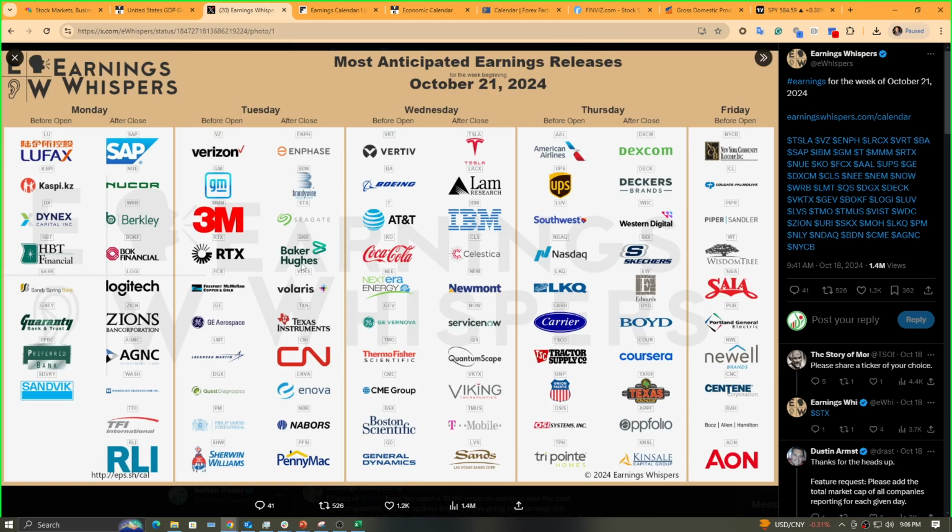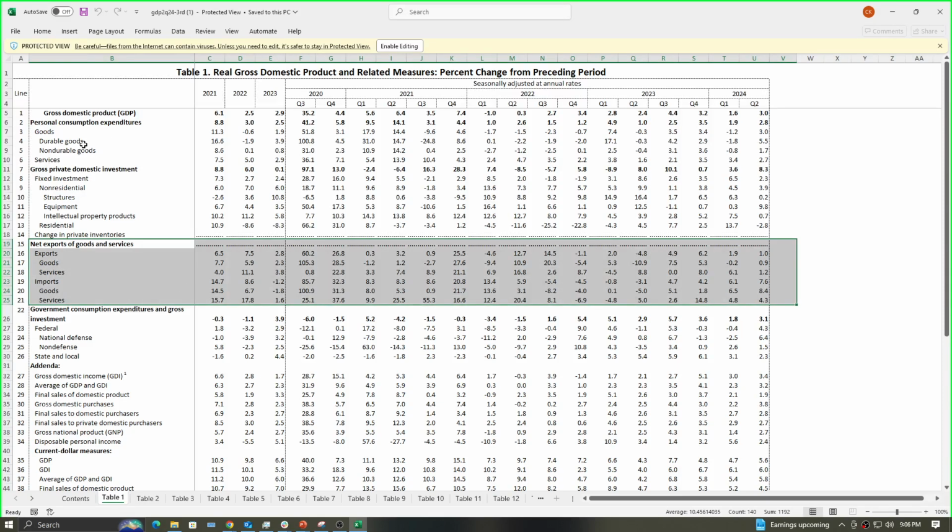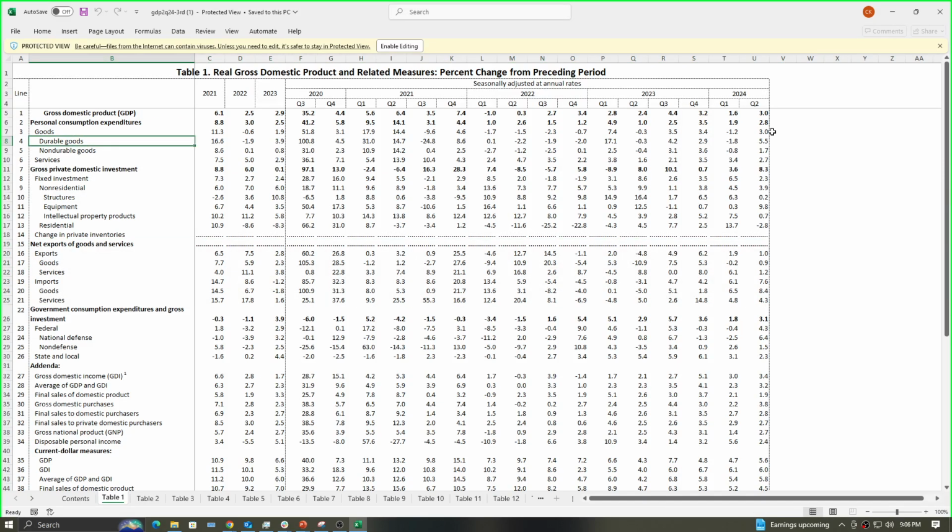Now, for guidance, is that a lagging indicator? No, because guess what? We are telling you what we foresee in the future. The GDP tells us what happened in the past. Hey, consumer spending was this.